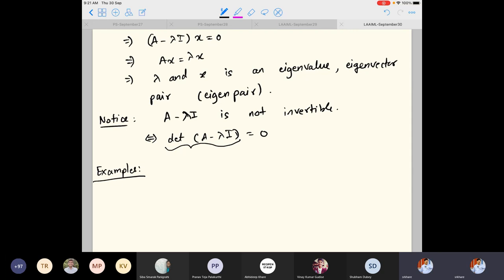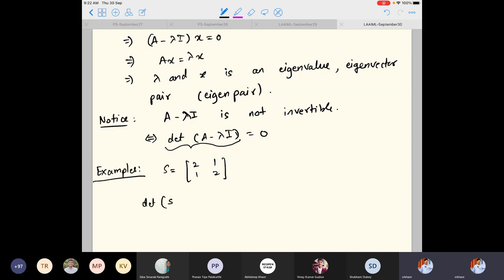So let us take a few examples. Let us take this simple example, S = [2, 1; 1, 2]. Can you tell what are the eigenvalues and eigenvectors of this? The simpler thing would be, rather than start looking for vectors x which are invariant and so forth, we can use this particular trick.